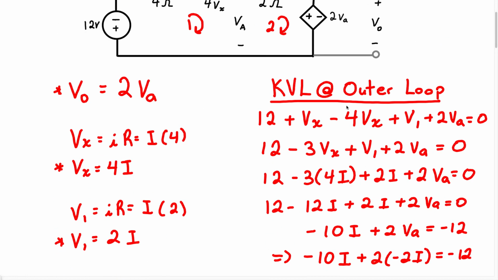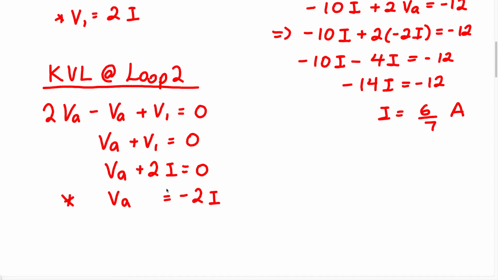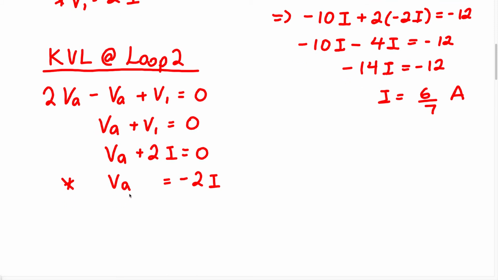Now we just found the value of VA, which we know VA equals negative 2I. So let's use what we just found, which was 6 over 7 amps, to find VA. We know VA equals negative 2. I is going to be 6 over 7. So we're going to write 6 over 7.